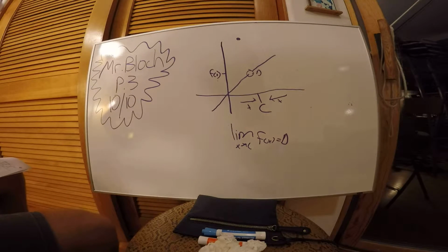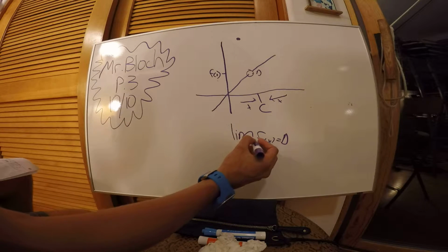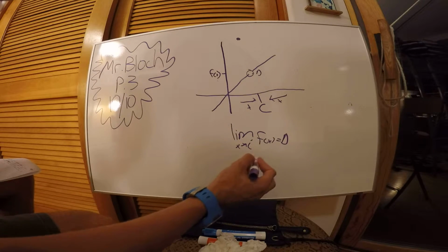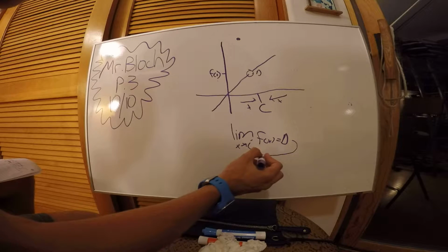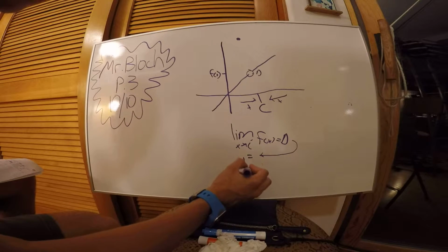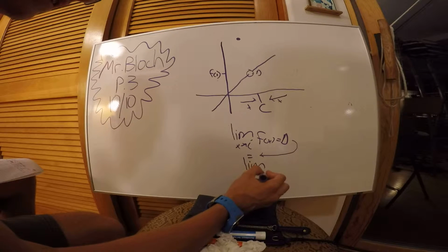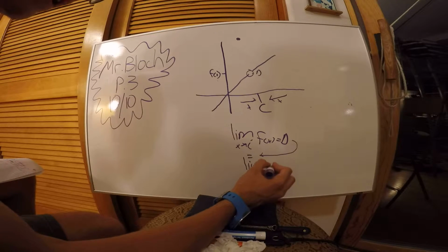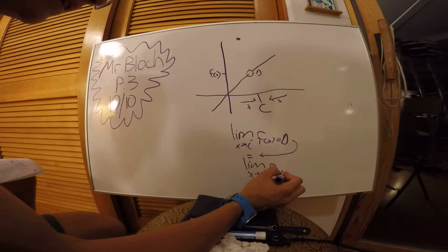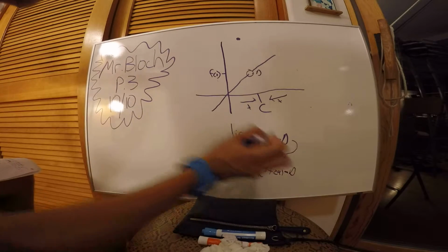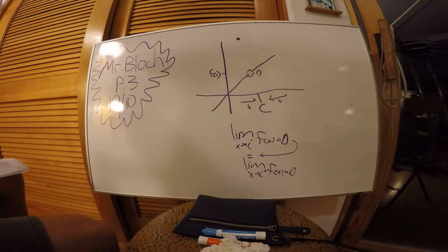It rhymed. All right, so the limit from x to c from the left side is equal to d, which is also equal to the limit from x to c from the positive side of f of x equal to d. Then we have a limit at d.